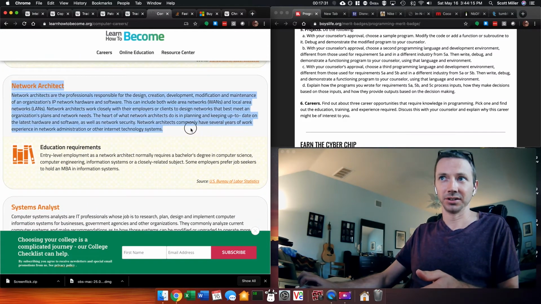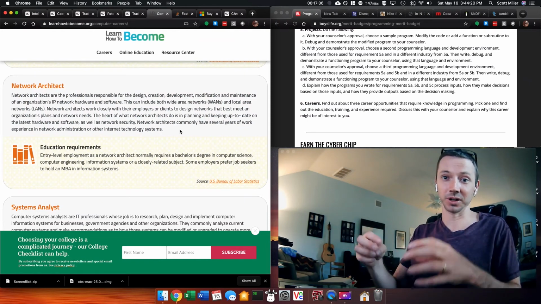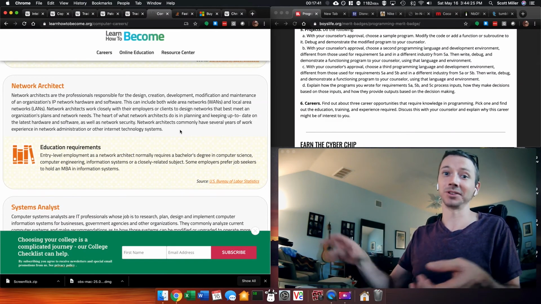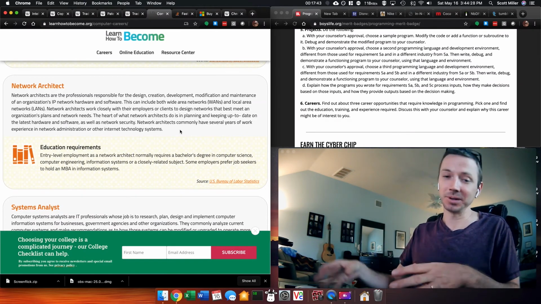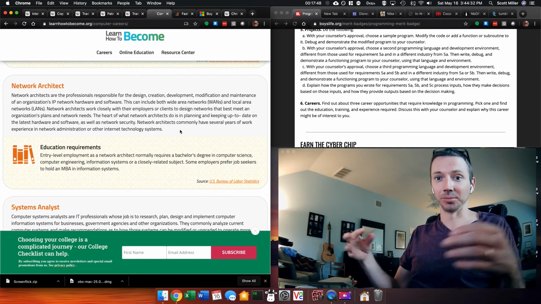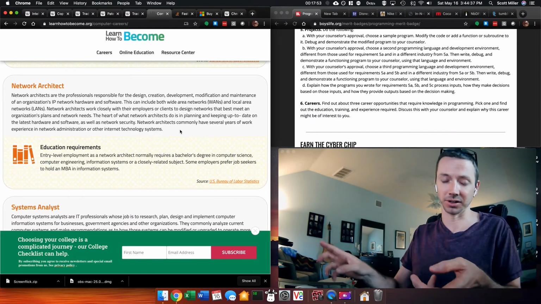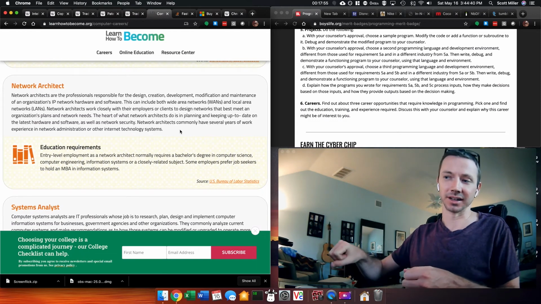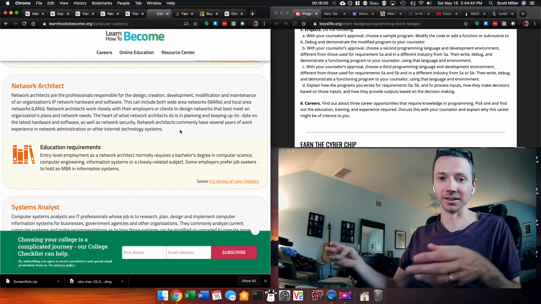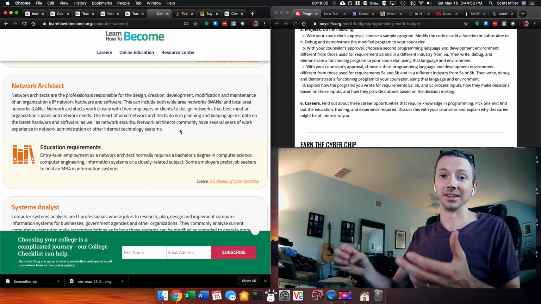A network architect is someone who deals with networks, which is a fancy word for connecting computers together. So at the schools that you go to, there's a whole bunch of computers everywhere, right? Well, they need to be able to talk to each other and the internet. And networking is bringing all of those things together. So there can be wireless networking. There can be wired networking, though, where it's a physical cable that connects computers to different hubs and switches and routers, all with the purpose of connecting the computers to each other so they can talk to each other and the internet.